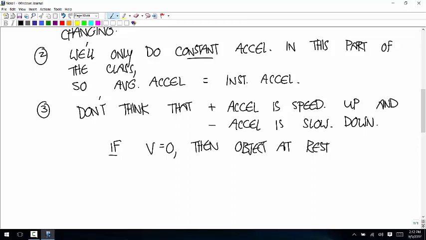You can't get any slower than stop. So if the velocity is 0, any acceleration that's not equal to 0 makes it speed up, or means it's speeding up.